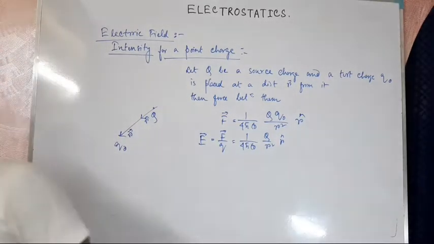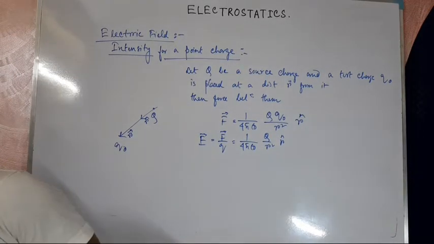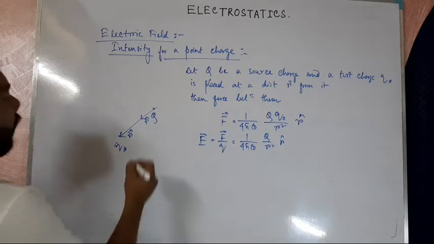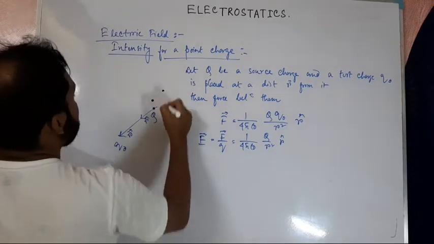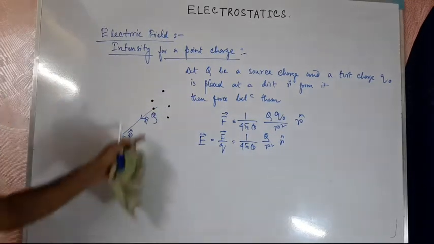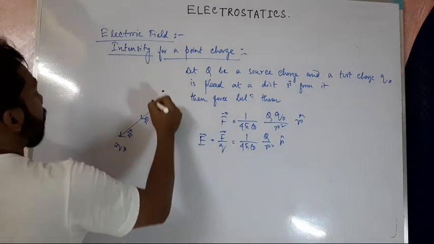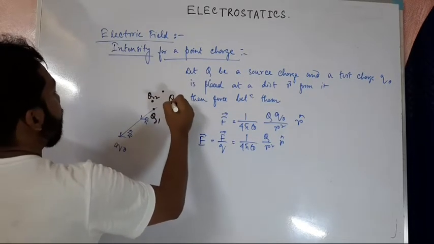Now, if we have more than one source charge, let me suppose there is a charge configuration consisting of more than one source charge. These dots are all source charges, say Q1, Q2, Q3.